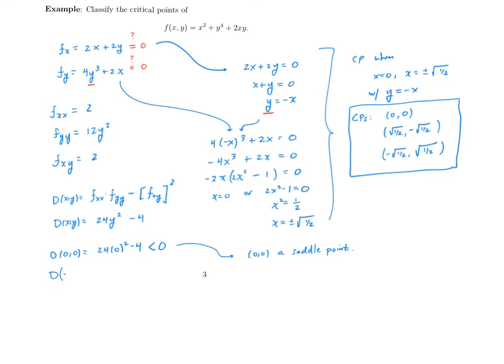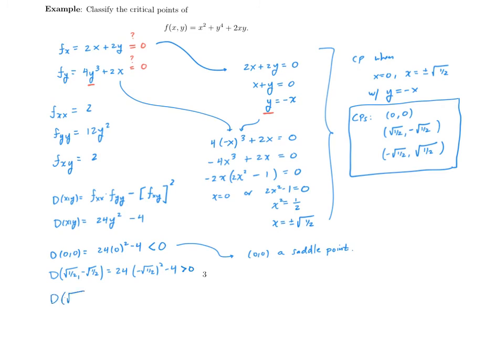So d at this next one, square root 1/2 minus the square root of 1/2, would be 24 times minus the square root of 1/2 squared minus 4. And once again, I don't need to worry too much about what this number is, but note a minus when it gets squared is positive, and the square root of 1/2 squared is 1/2. So 12 minus 4, it ends up being 8, which is a positive quantity.